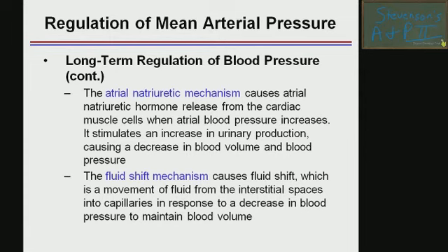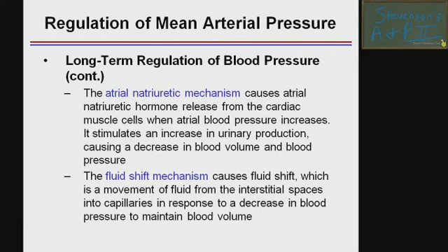Okay, long-term regulation of blood pressure. The atrial natriuretic mechanism: atrial natriuretic hormone is released from the cardiac muscle cells when atrial blood pressure increases, so it stimulates an increase in urinary production, causing a decrease in blood volume and blood pressure.